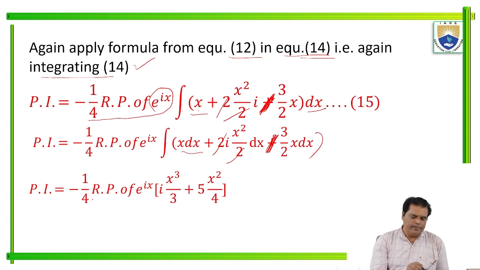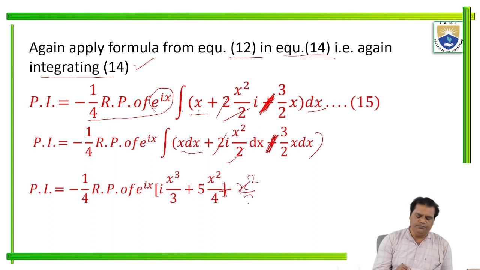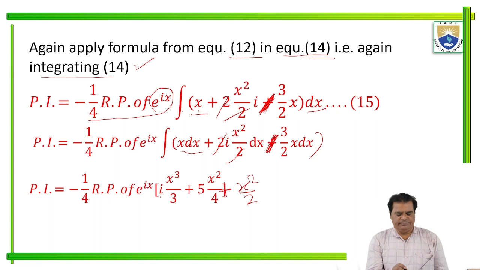So now here minus 1 by 4 Rp of e to the power ix. Here the integral of x dx is x square by 2, plus x square by 2 here, and ix to the power cube by 3, and here minus 3 by 2 times x square by 2.